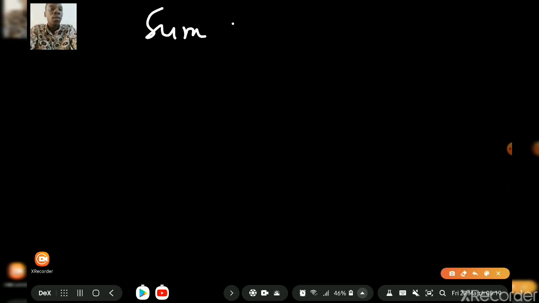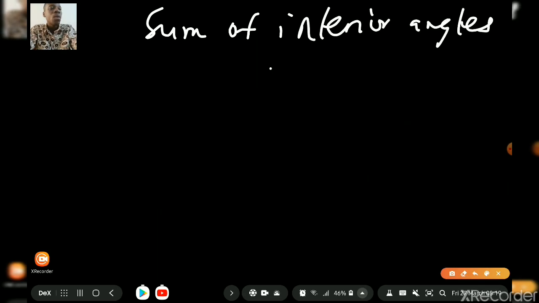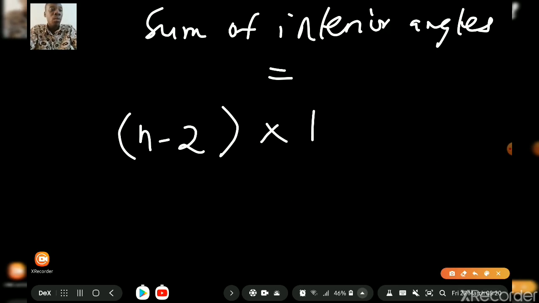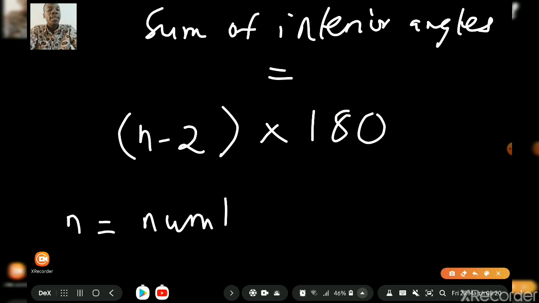For any polygon, the sum of interior angles will be equal to n minus 2, which is the number of triangles, times 180, where n is the number of sides.